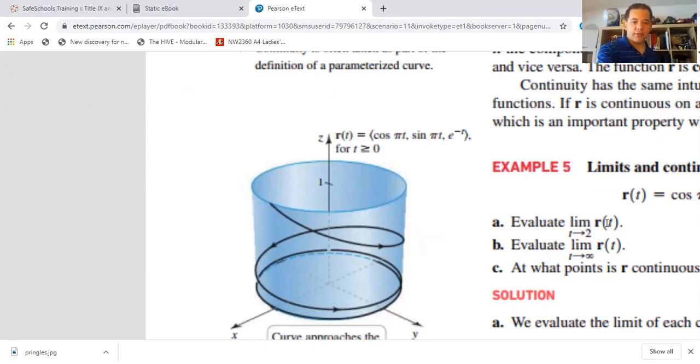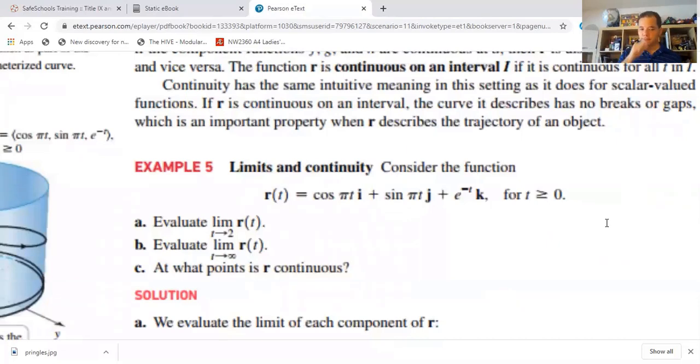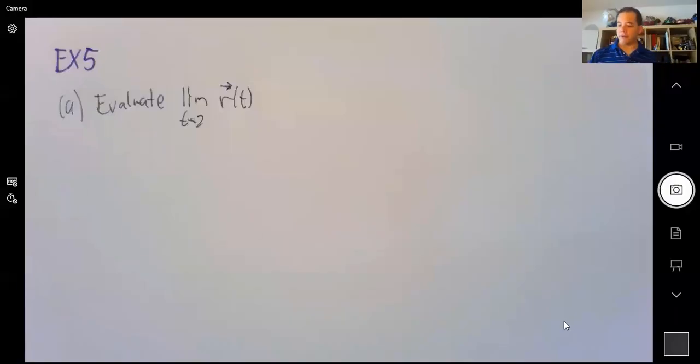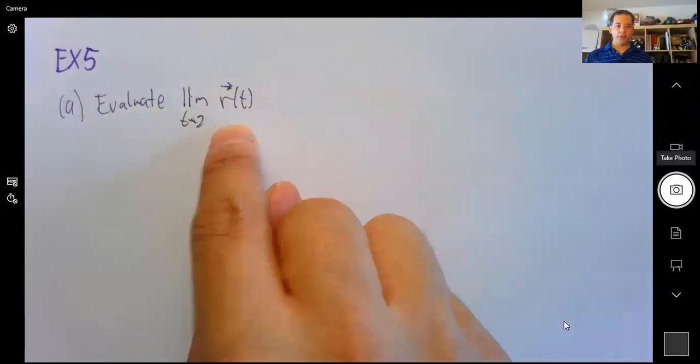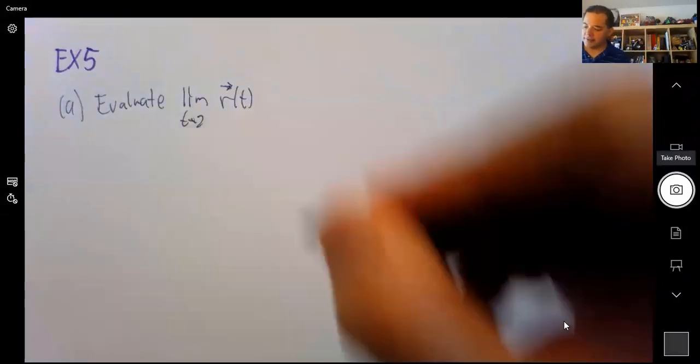Let's go to the right. Part A asks to evaluate the limit when t approaches 2. Remember that since I cannot really write bold, what I usually do is I show it to you with an arrow on top. So we need to evaluate this limit. And it's as easy as this.